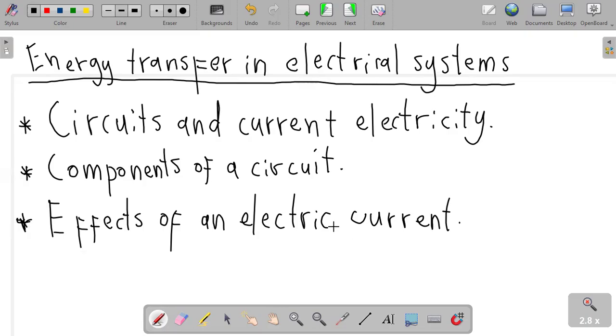So these are the 3 subtopics for this chapter, energy transfer in electrical systems. Let us begin with circuits and current electricity, without any waste of time.